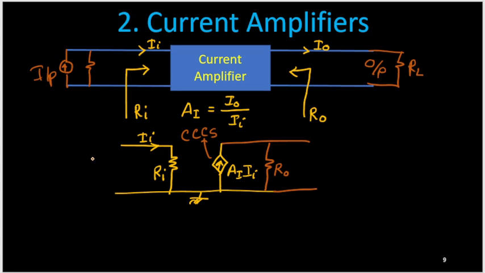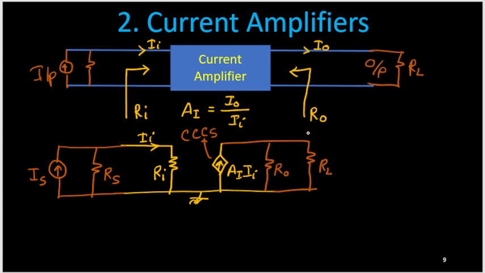So I'll include that here. This is your current source, and its value I'll consider Is, and this source has a source resistance, and its value I'll consider Rs. And on the output side I am considering the load, that is your RL.